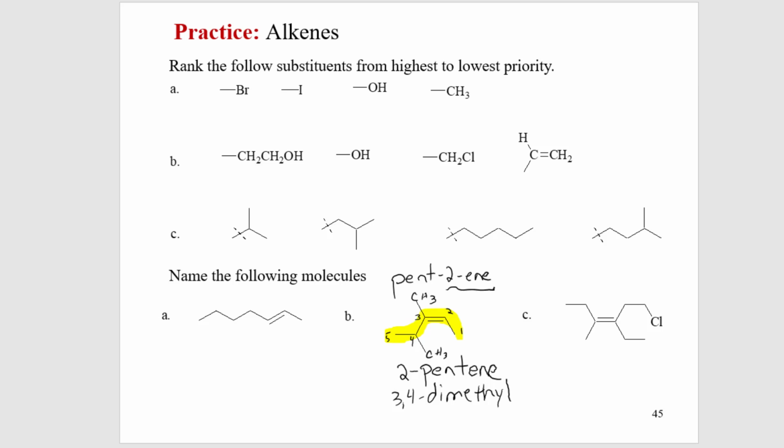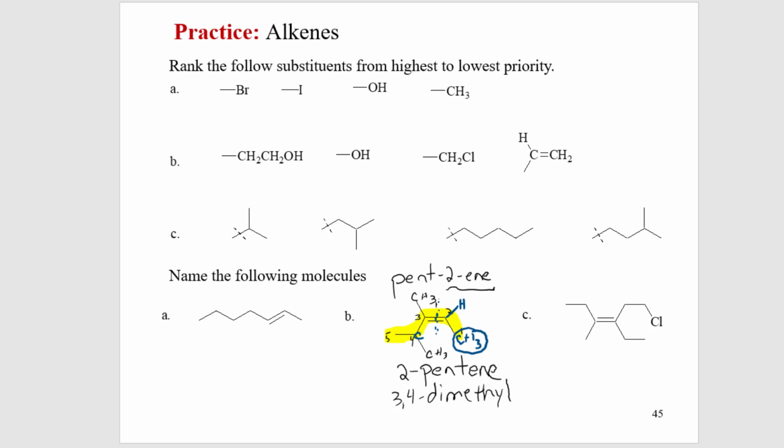I have to tell you about the geometry of that double bond. So if I draw my volleyball net perpendicular to my double bond, and I consider all 4 substituents, I look at the CH3 versus the H, the carbon versus the H, that's my strong player. I go to the other side of the volleyball net. I have carbon versus carbon, so I got to go out again.